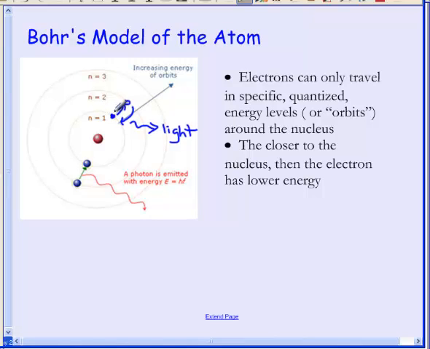The same electron could absorb even more energy and move up 2 orbits. And when it falls back down, it gives off a different frequency of light. So it shows a different color. And that's where the different line emission spectra came from. They're explained by electrons existing in specific energy levels.